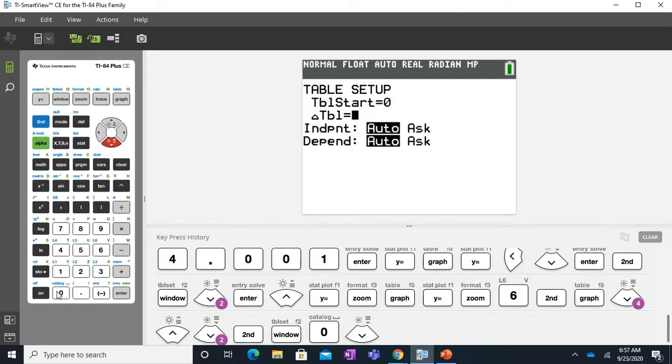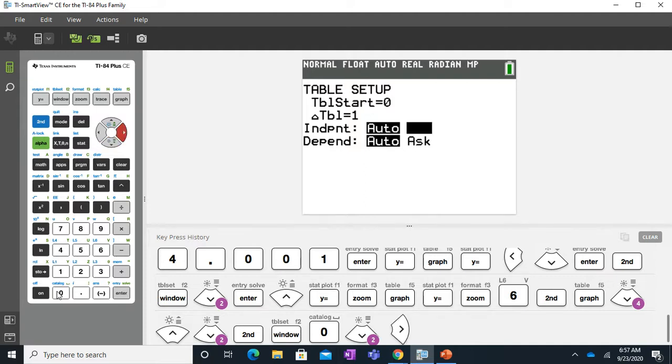The change in table is how much you want the x's to go up by every time. Generally, it's set to 1, but you can set it to 0.5 or 0.1 or 0.01 or 0.001. Again, that's a lot of work. The best way for you to do it is to click down here where it says independent variable. That's the x. The auto means it's going to do it for you automatically.